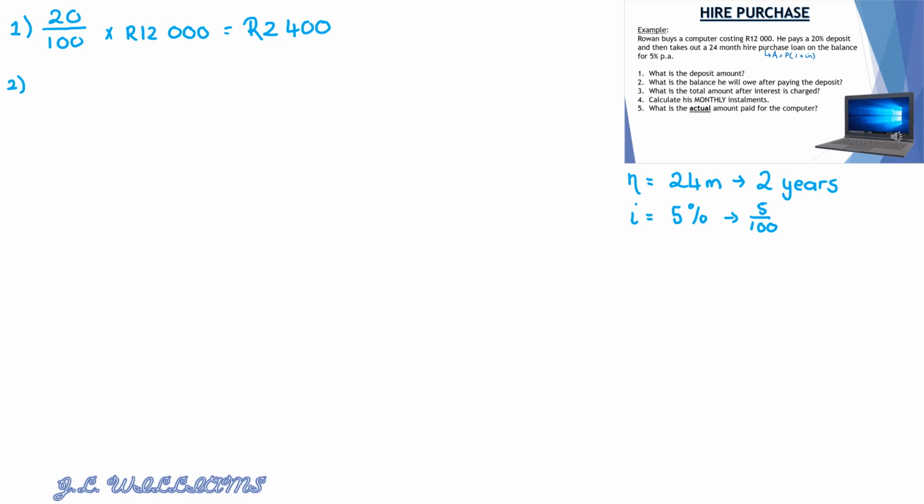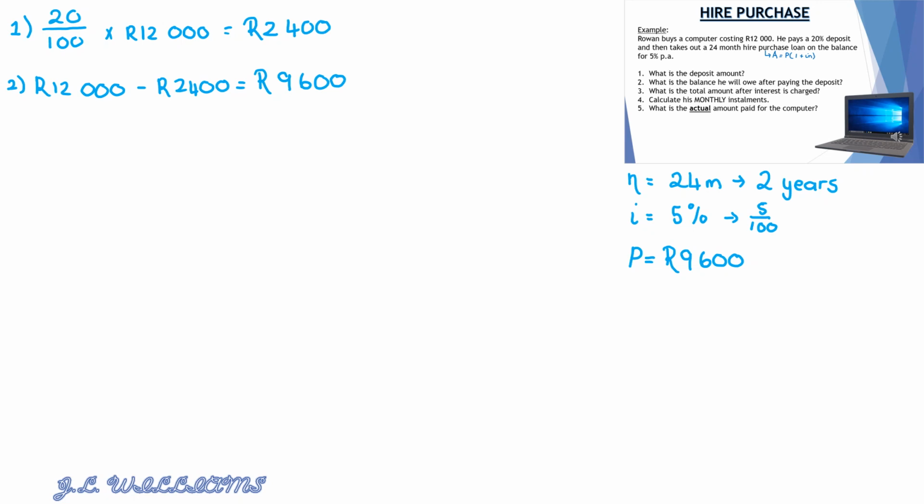So we go 12,000 Rand and we subtract the 2,400 Rand. And again, your calculator will give you an answer of 9,600 Rand. Now that amount is very important because that 9,600 Rand is the amount that is getting charged the interest. So the interest is charged on the 9,600 Rand that he still owes.